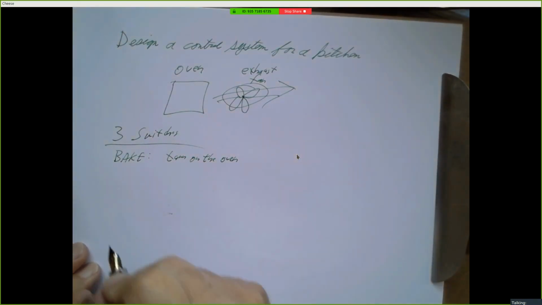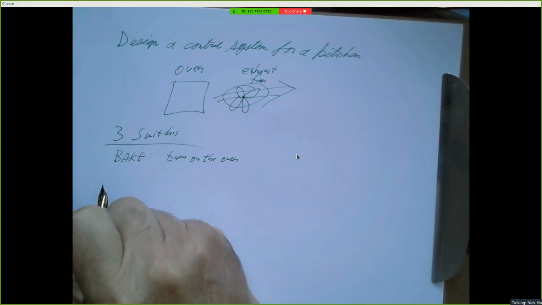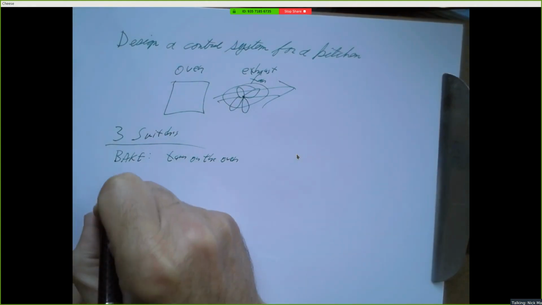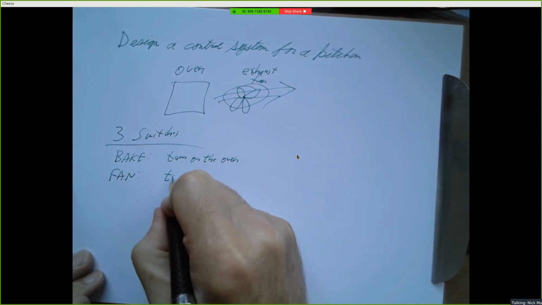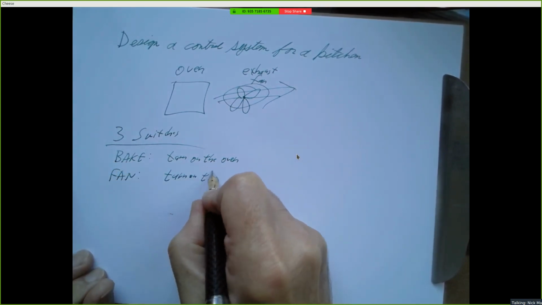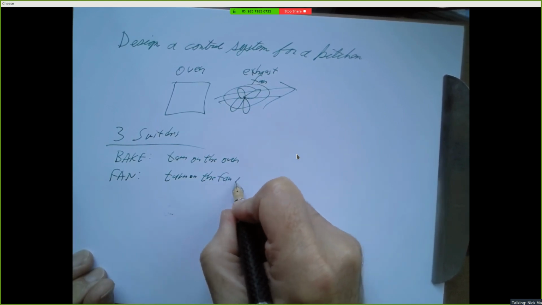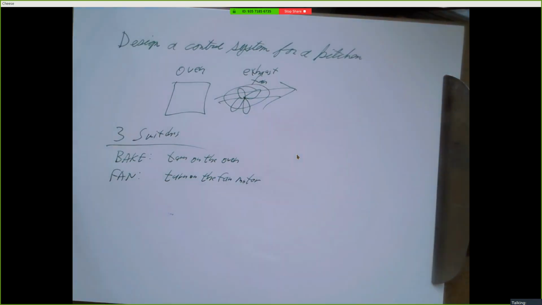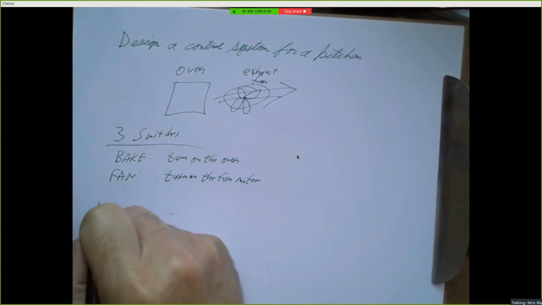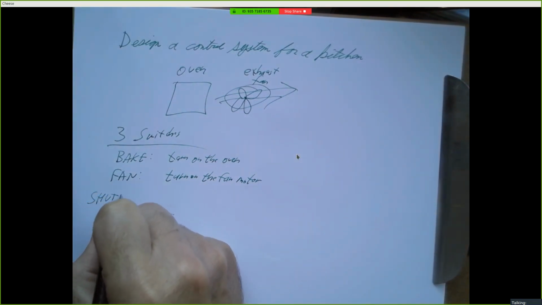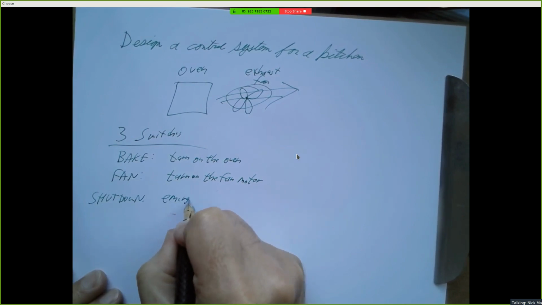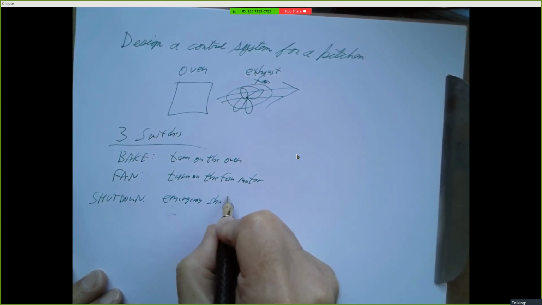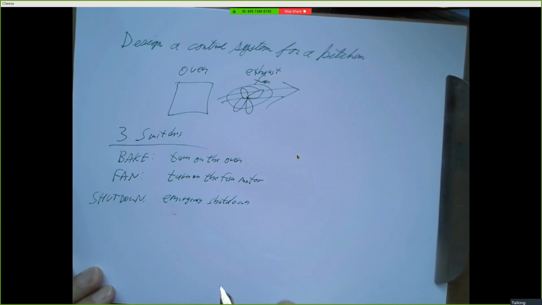And we should have a fan button which says turn on the fan motor. And we're going to have a shutdown button, which is an emergency shutdown, in case your cake is burning or something, right?